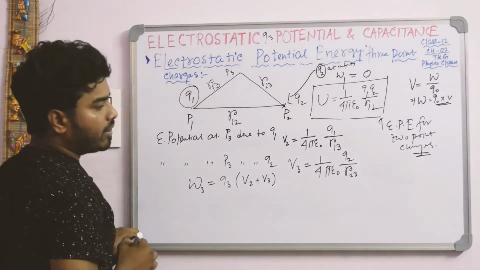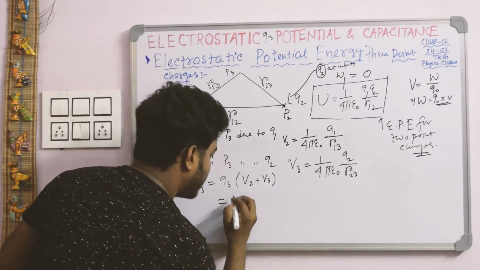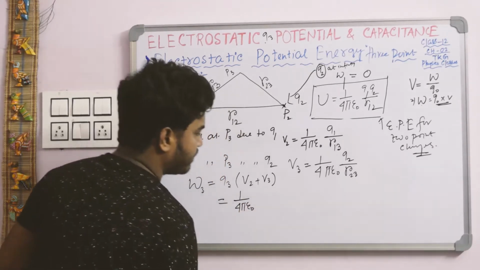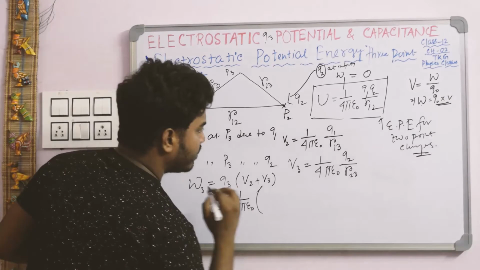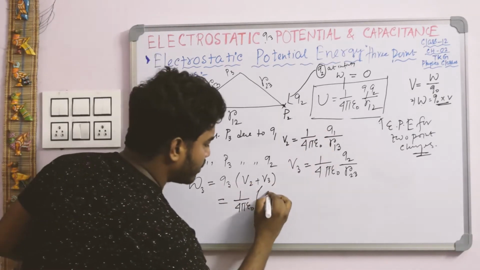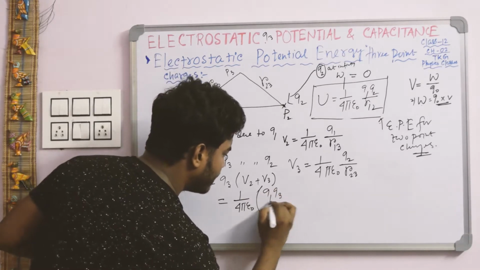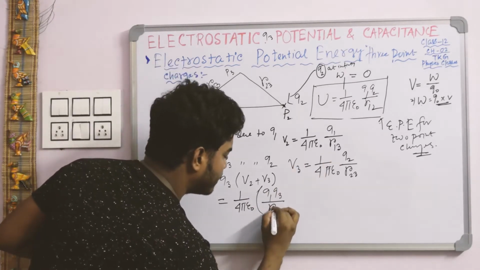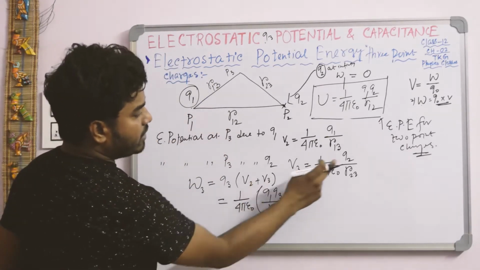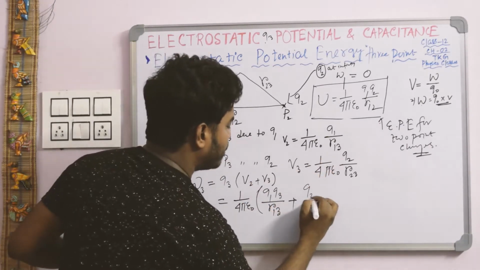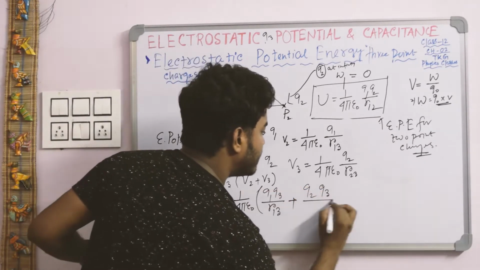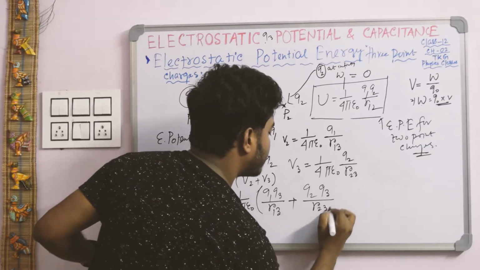Clear? Now putting the value, 1 by 4 pi epsilon naught is common. For V2 there is Q1 and there is Q3, so this one will be Q1 Q3 by the separation R13, plus, for V3 there is Q2, and outside there is Q3, that is Q2 Q3 divided by R23.